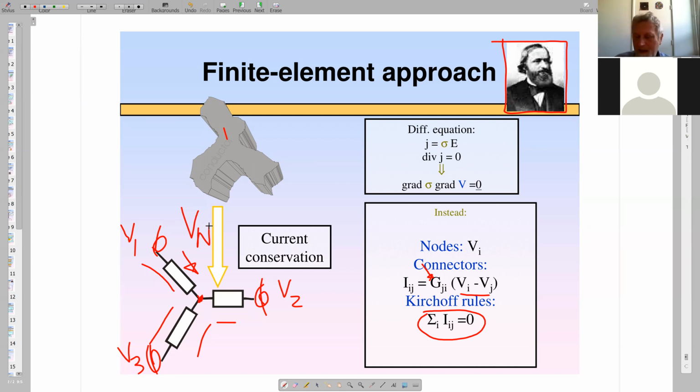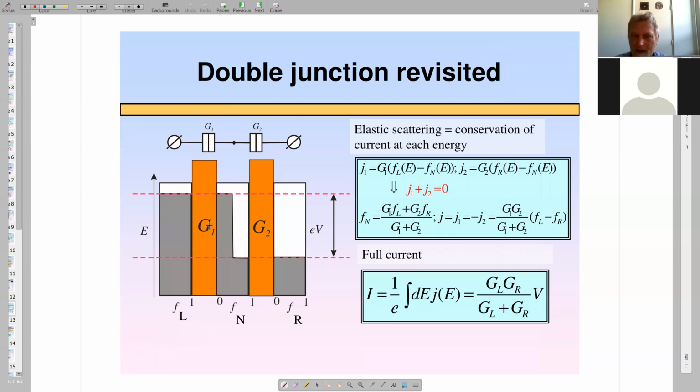Before going to the quantum domain, let us shortly understand that we could do much, especially at the stage of circuit theory, with a simple conservation law, conservation of electric current.